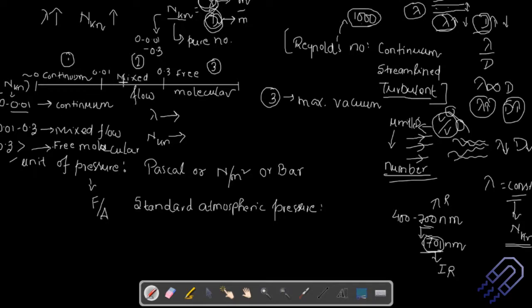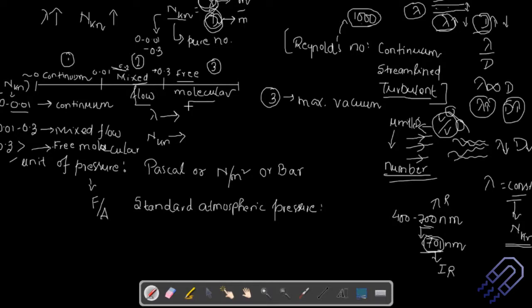So maybe somewhere in the middle, around 0.2, this will be totally mixed flow. It won't have any component of continuum or free molecular. But as it approaches very close to 0.3, let's say 0.29 or 0.2627, it will have both mixed flow as well as some component of free molecular flow.